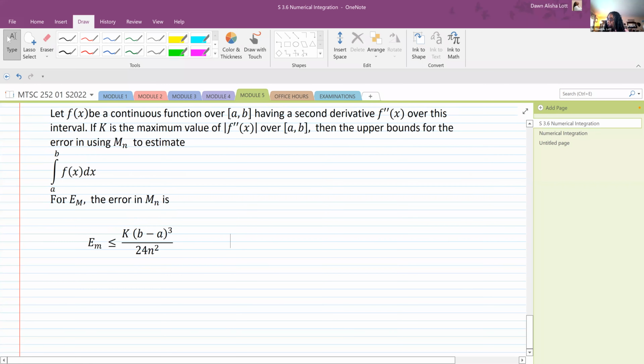So in order to find k, we take the second derivative. So f of x is equal to x cubed. f prime of x is equal to 3x squared. And f double prime of x is 6x.